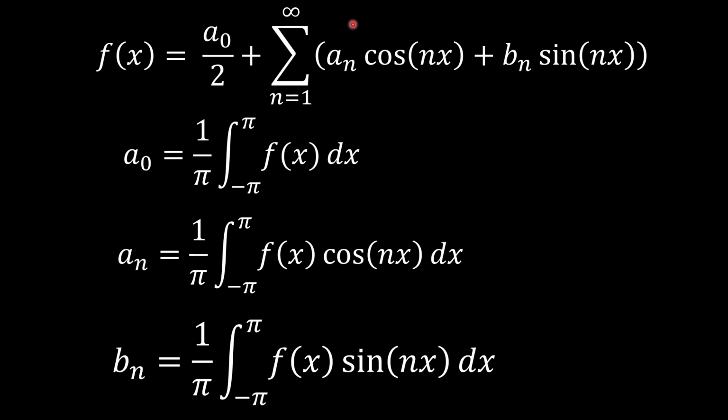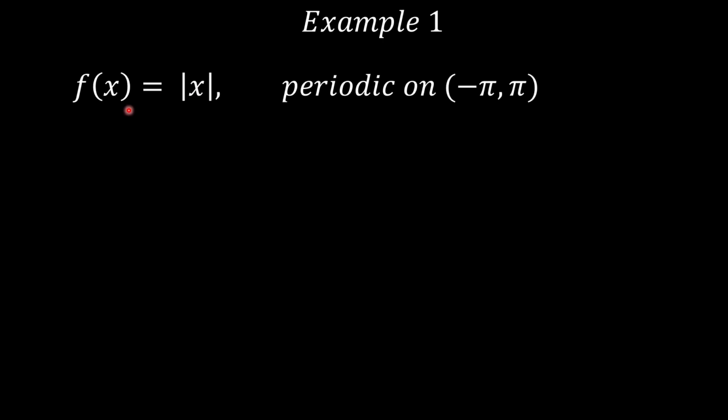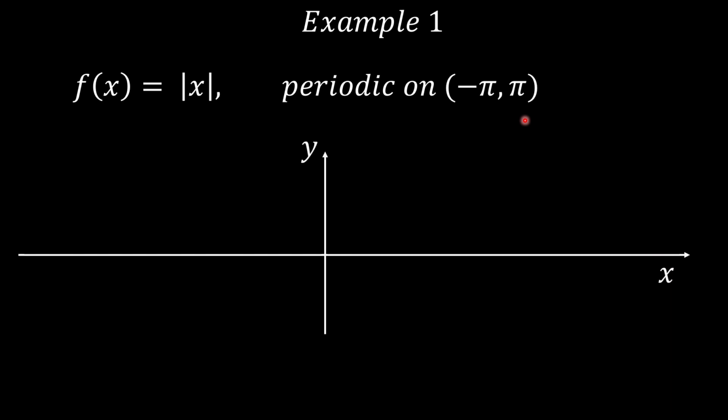The first example that I wanted us to look at is, let's say, the absolute value of x that's periodic within negative pi to pi. And how do we plot that out? As you can see, within the negative domain up to negative pi, it increases in the same way as it does on the positive side.